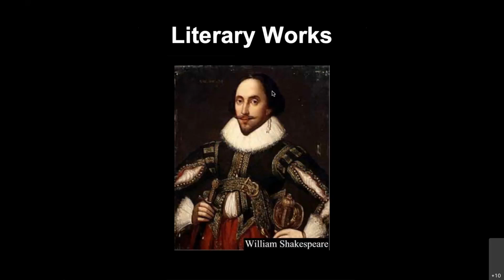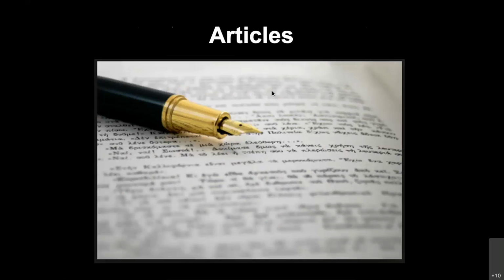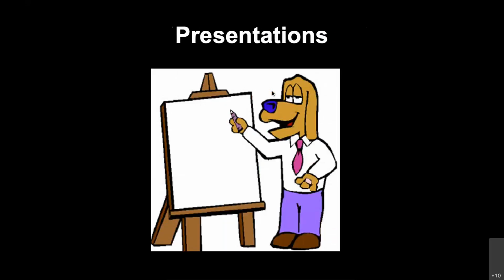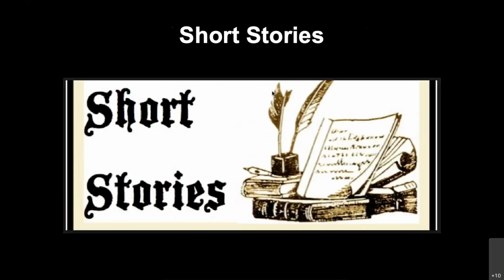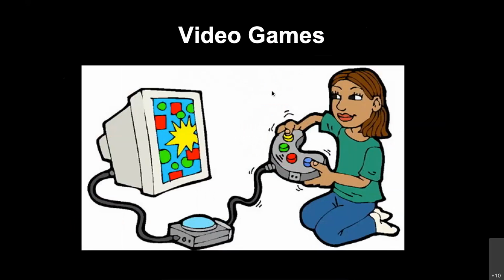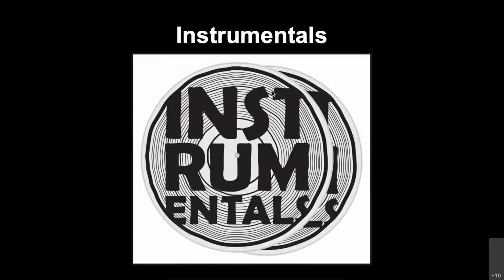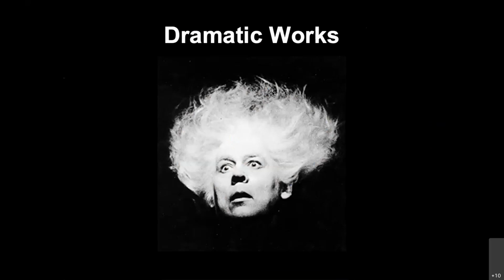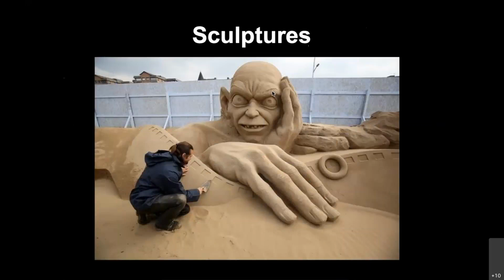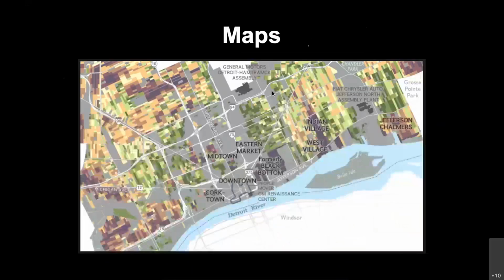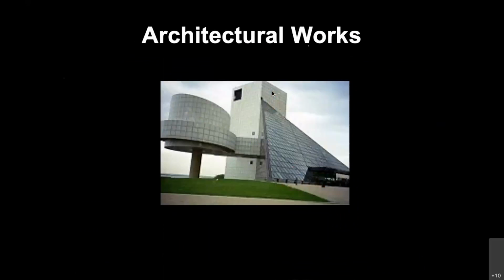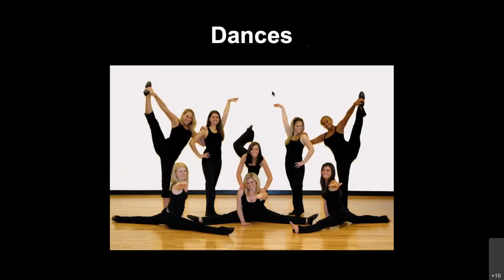But copyright extends to literary works, articles, books, handouts, nonfictions, presentations, poems, short stories, motion pictures, audiovisual works, video games, songs, instrumentals, lyrics, screenplays, scripts, dramatic works, jewelry design, posters and flyers, and sculptures and logos and maps, and all kinds of different things can be used with the C circle copyright.